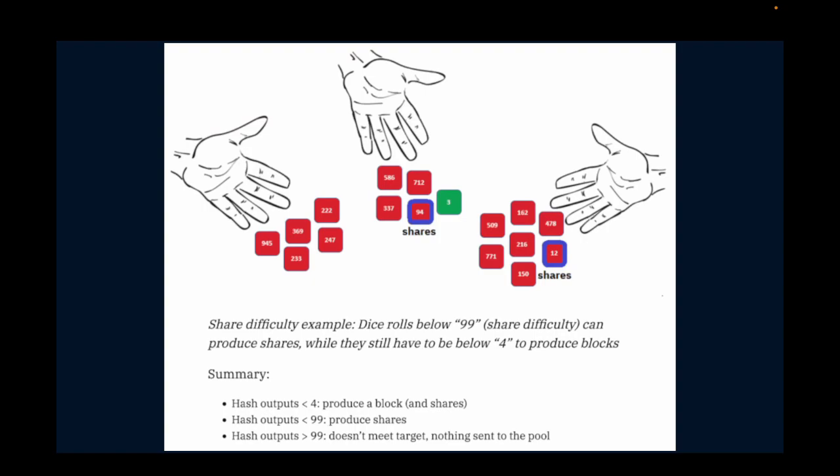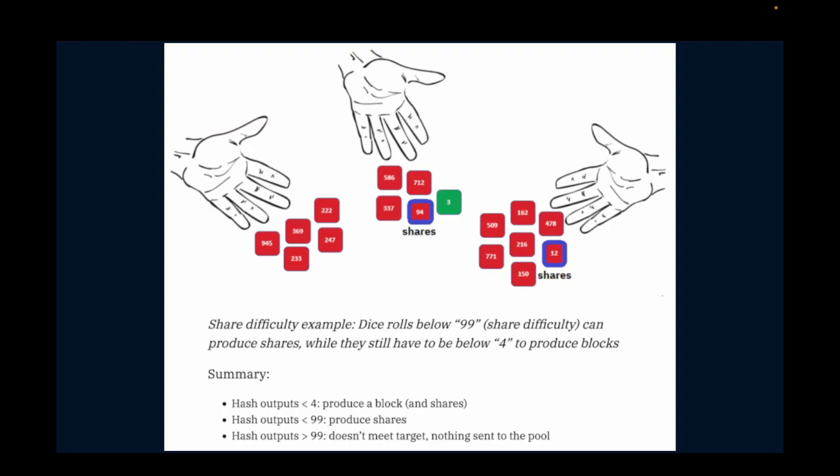So let's imagine that finding hashes is the equivalent of rolling dice. And let's imagine that rolling dice can result in a number between 0 and 1,000, right? So each miner is going to be rolling dice, as many dice as they can in the same amount of time.